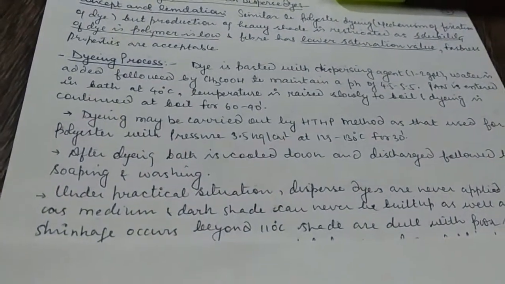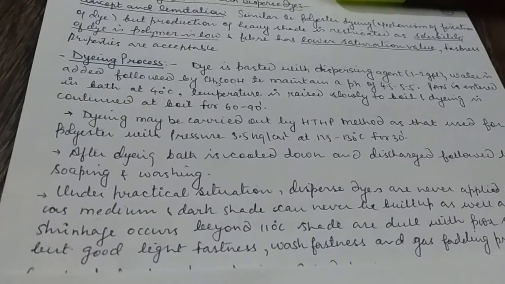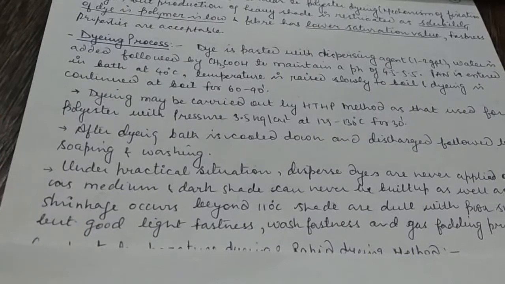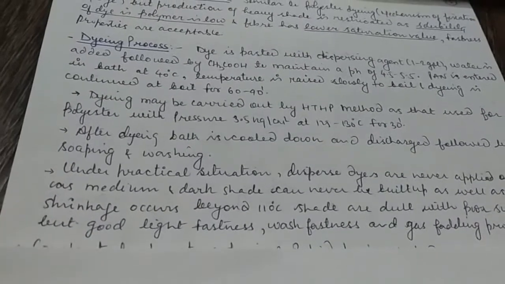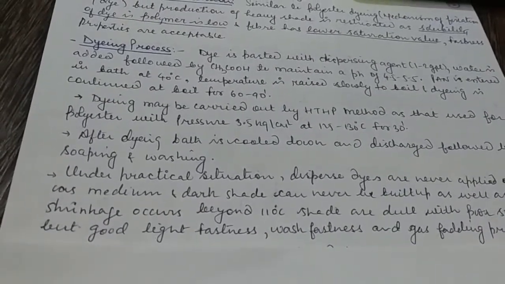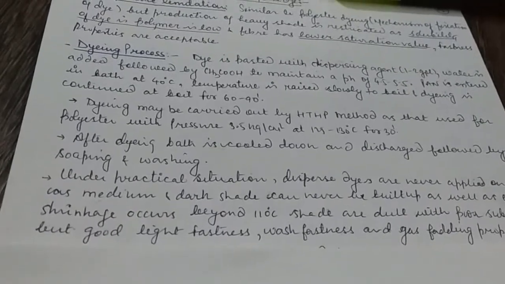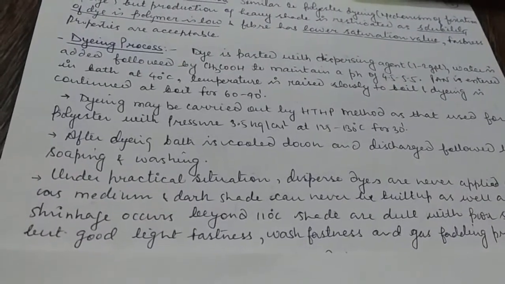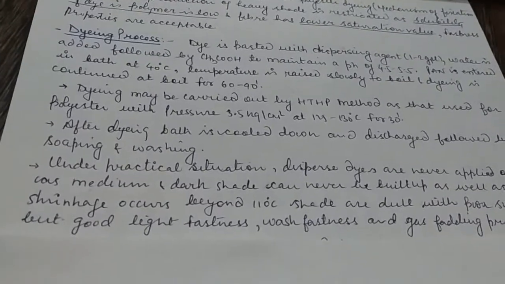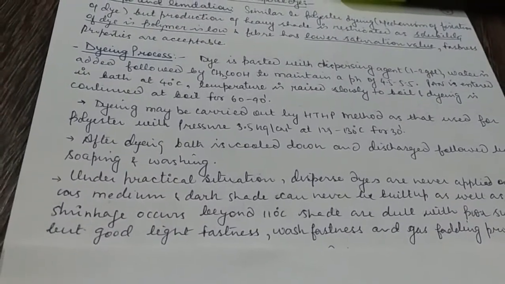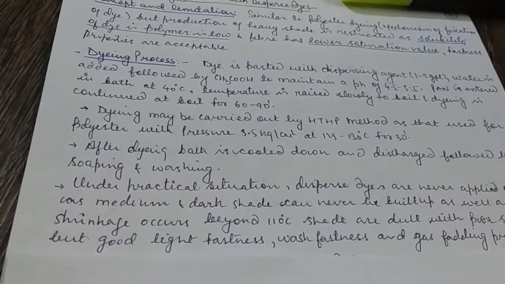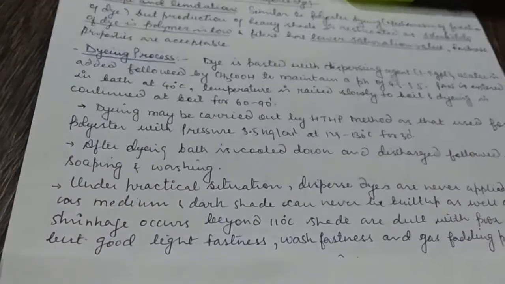That's why shades are dull with poor sublimation fastness, but good light fastness, washing fastness, and gas fading property can be achieved. But the main issue is the shrinkage and fiber strength, because after 110 degrees centigrade, as you know, acrylic fiber starts to degrade. That's why dispersed dye is not preferred for dyeing of acrylic fiber.